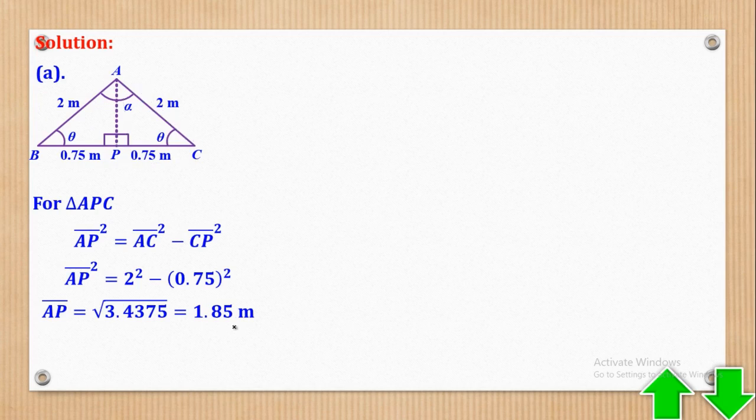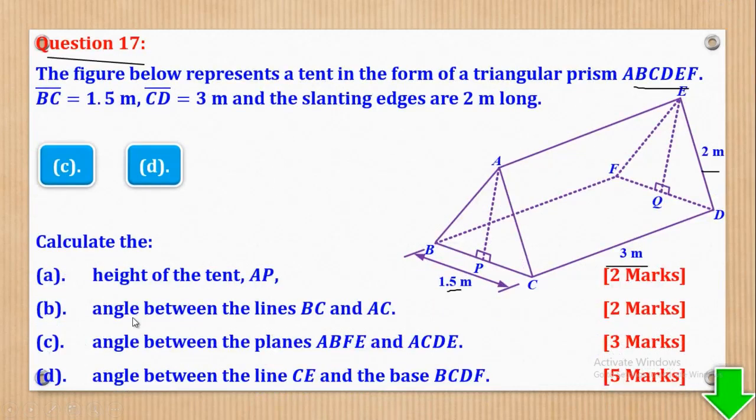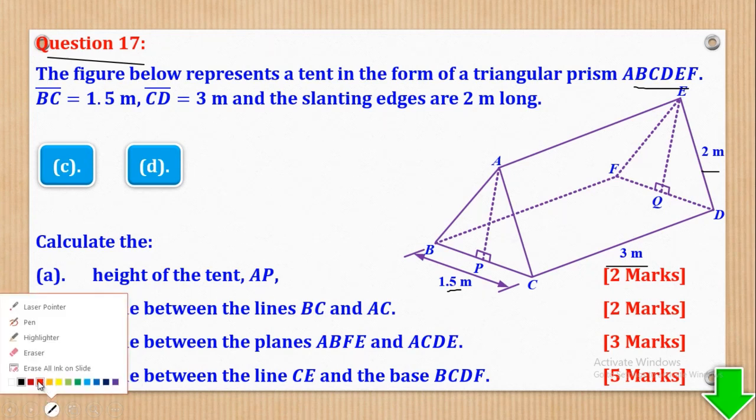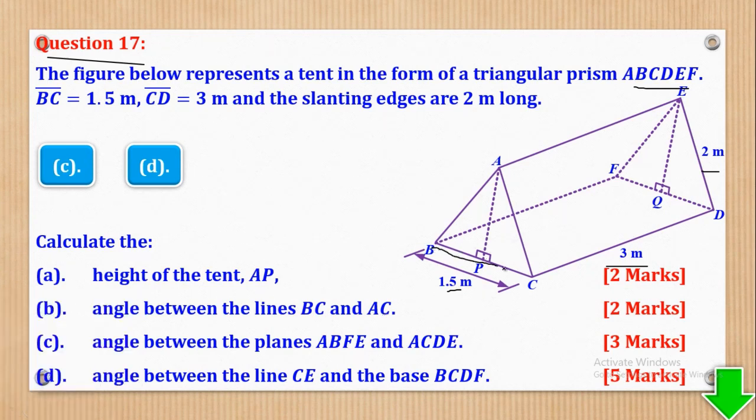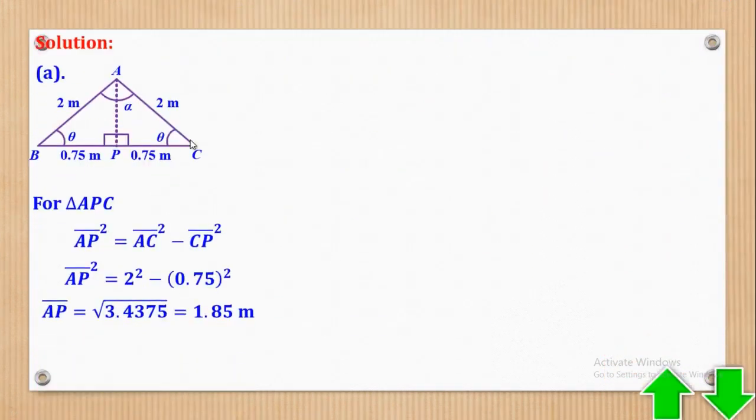Now let's go to part B. They ask to find the angle between the lines BC and AC. If you look at that, the angle between this line and this line will be this. So this theta is the angle they want.